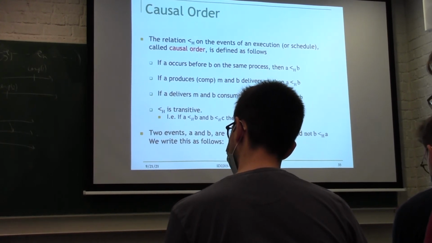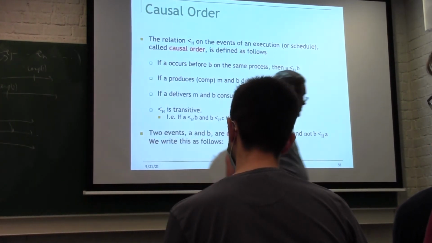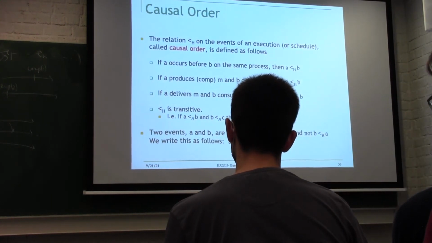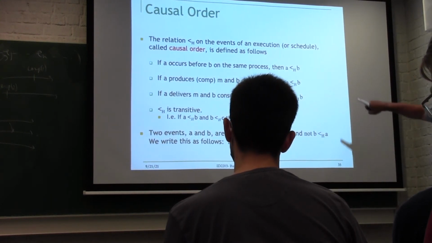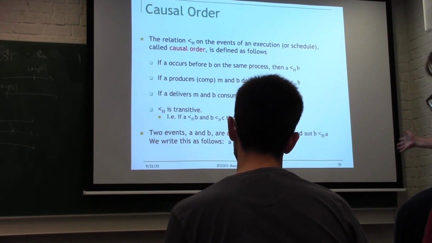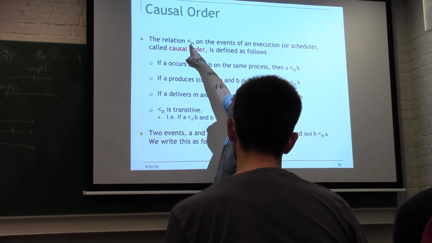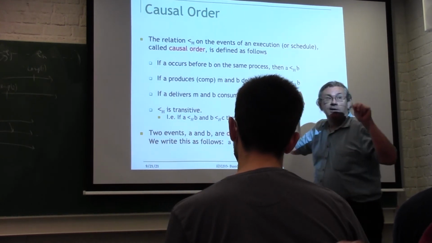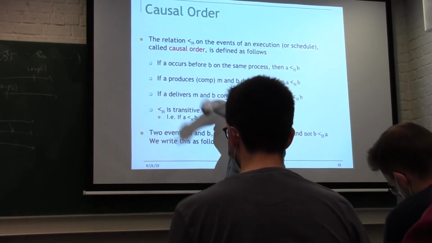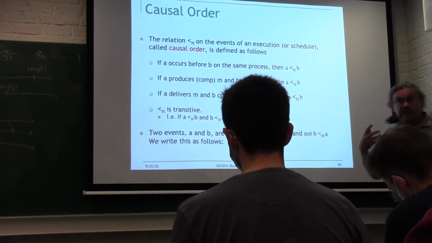So this is the definition. This is a super important definition. A lot of reasoning in distributed systems is based on this. So we look at all the events in an execution or schedule, and we define, this is called happens before. It's a less than with an H, and you read it happens before.